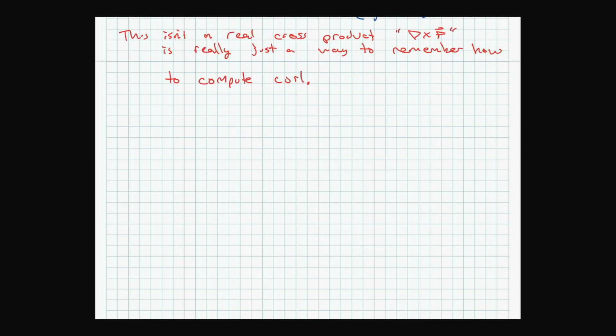Also, there's one other thing we could do. You're going to have a lot of two-dimensional vector fields.